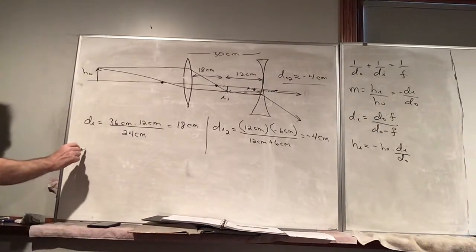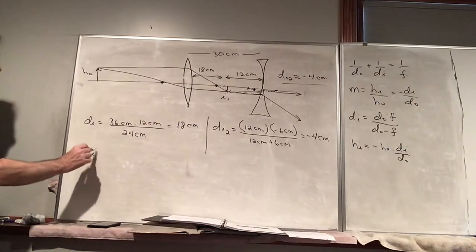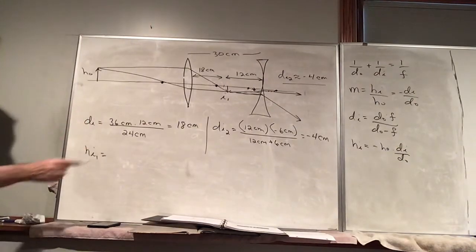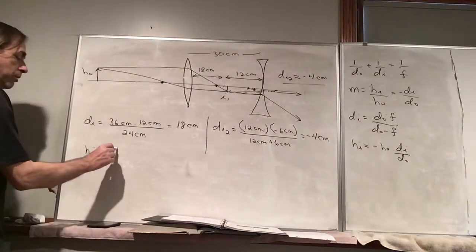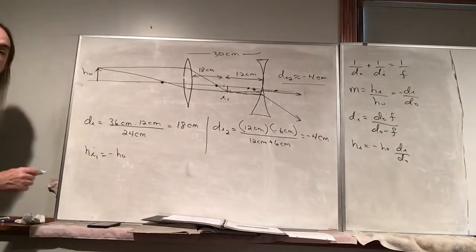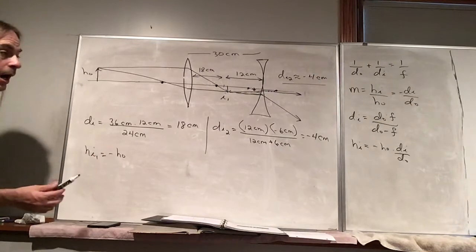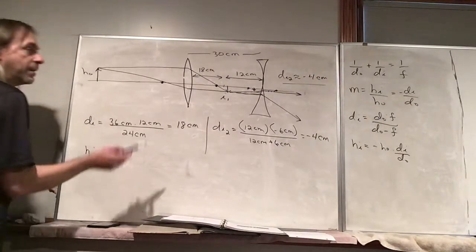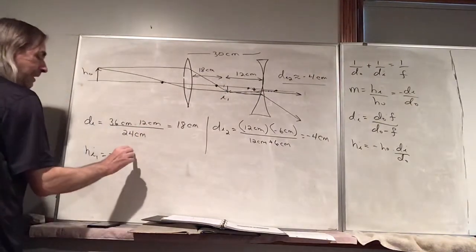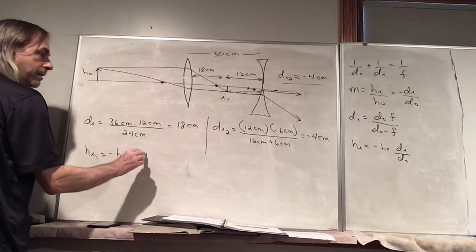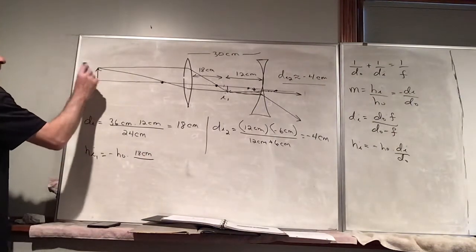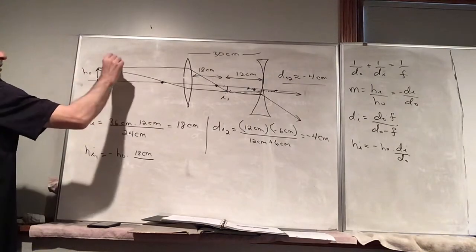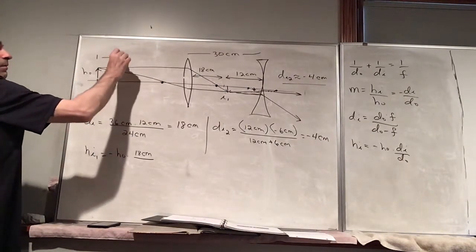So HI1, the height of the first image, we have minus HO, which we're not told what that is, just fine, and then times DI. So DI was positive 18 centimeters divided by DO, which was 36 centimeters.